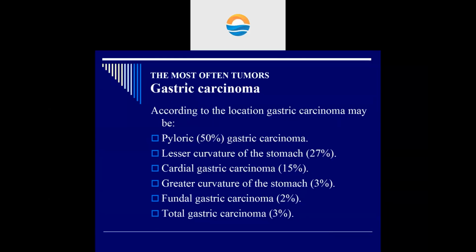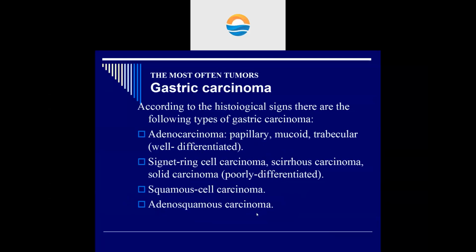So, regarding gastric carcinoma, according to location, we most often see cancers in the pyloric area, lesser curvature of the stomach, then cardiac gastric carcinoma, greater curvature of the stomach, fundal gastric carcinoma, and total gastric carcinoma.